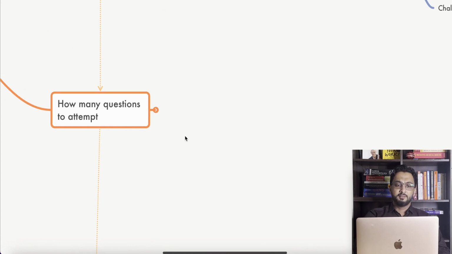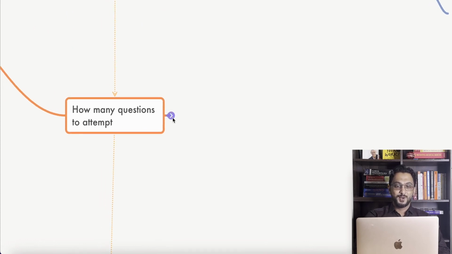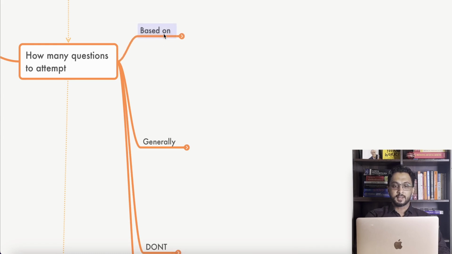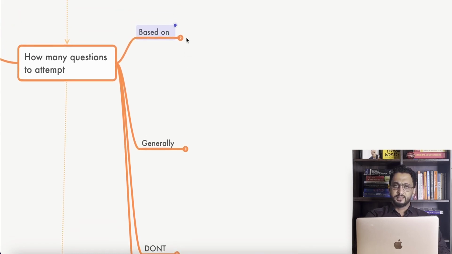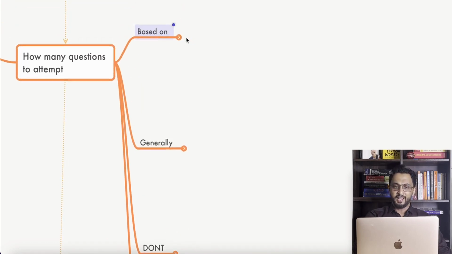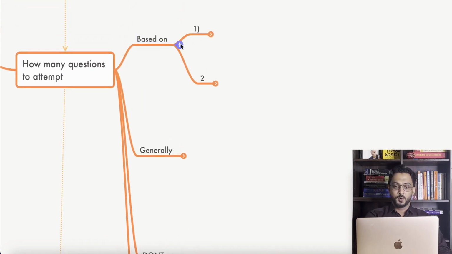Now, this is a very hot question: how many questions to attempt? These are based on certain understanding. Then I'll give you the generalizations, certain things which you should never do, and analysis. I'll tell you what it all means. It is based on 2 things. One is the number of months you have prepared for. Imagine you have prepared for 1 year.